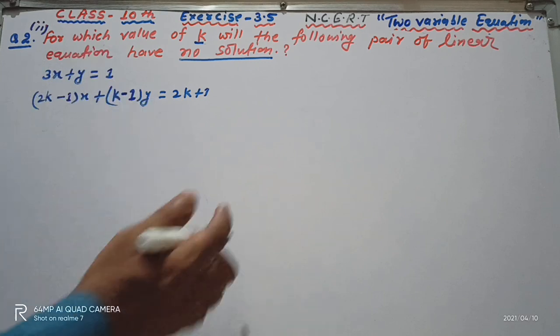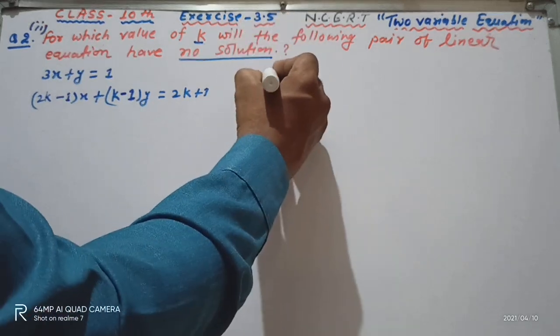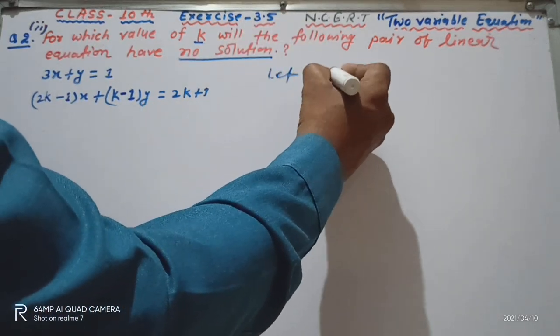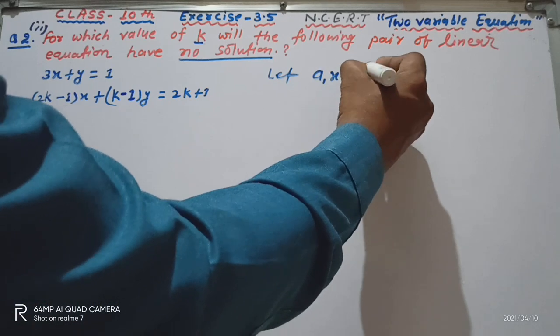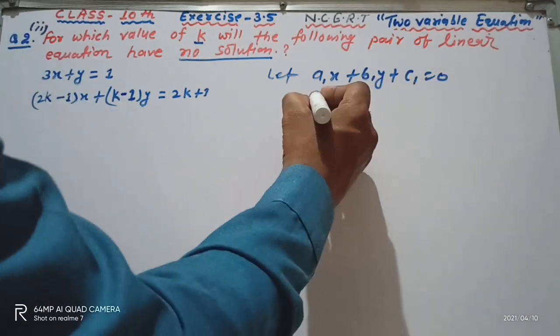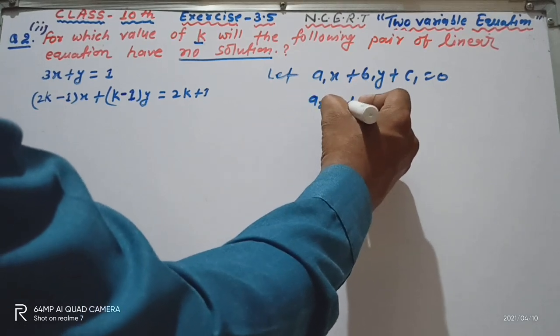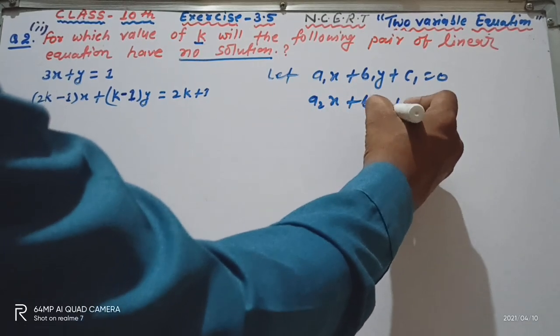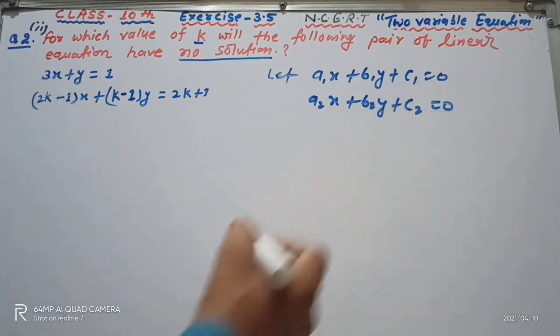So suppose there are two equations: a1x plus b1y plus c1 is equal to 0 and a2x plus b2y plus c2 is equal to 0.